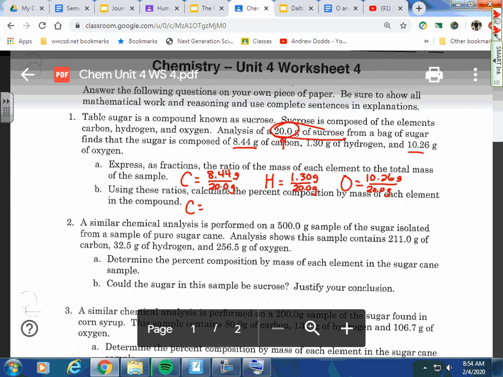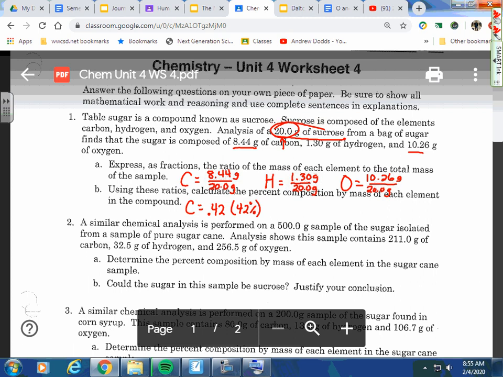So just to start off, if I take 8.44 and divide by 20, I get 0.42. And when I multiply that by 100%, all we got to do is move the decimal 2 to the right. That makes it 42% carbon. So that sucrose is 42% carbon.